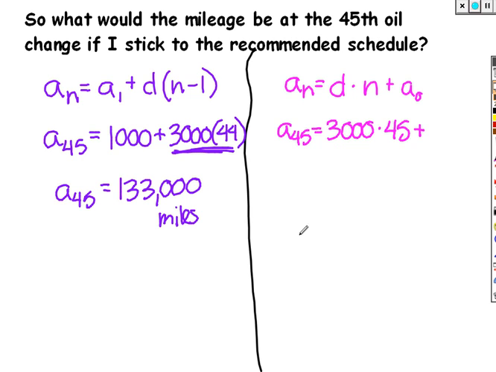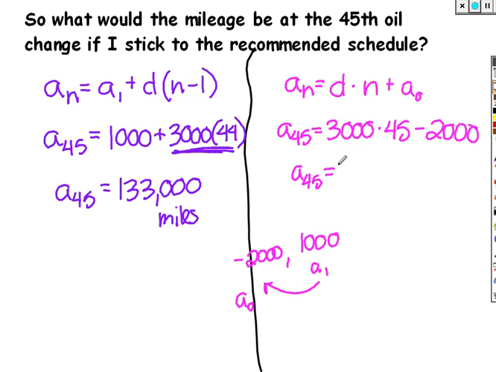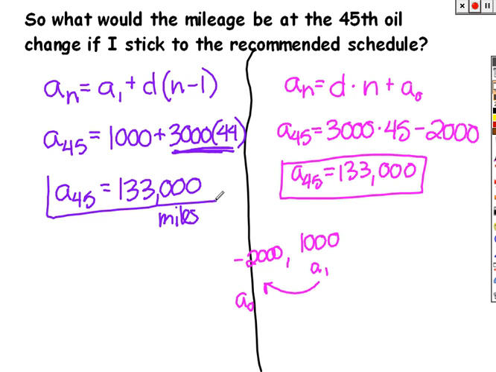So if I think of my terms, this is a sub 1, I need to go back 3,000, and that would give you the a sub 0 term, if you would, and that'd be the number you'd be adding onto the n. So negative 2,000, this should give you the same answer. So whichever explicit formula makes more sense to you, these are really both saying the same thing.